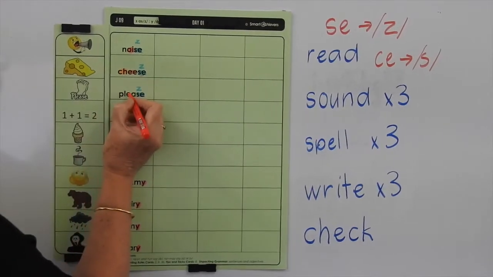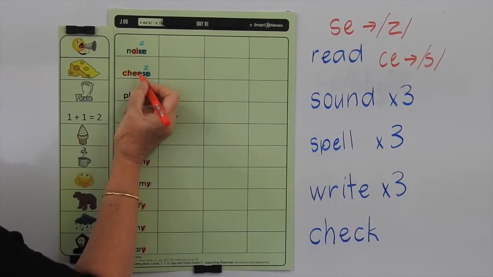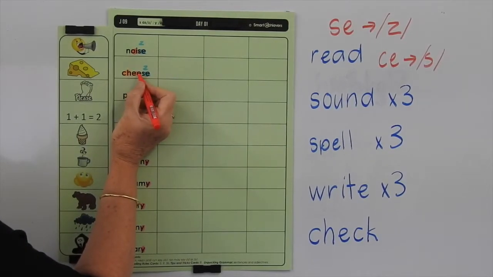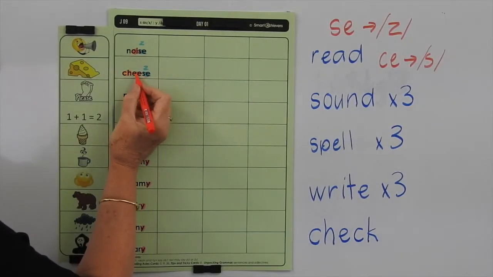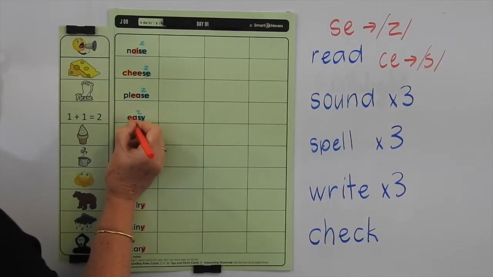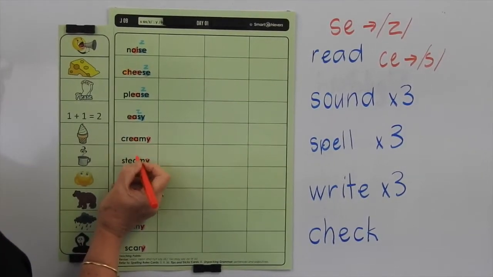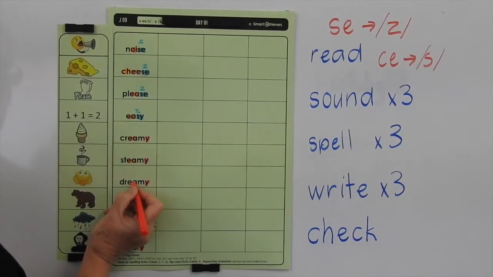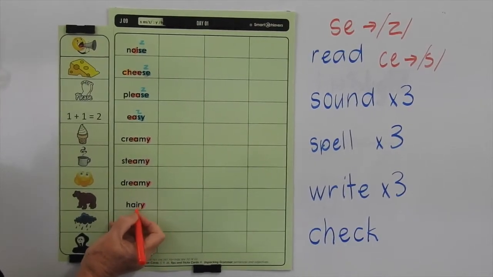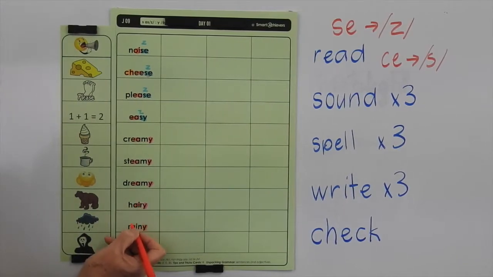Here we've got the EA now making the long E sound. So what you have to do in your head is be very careful and keep the double E words in one part altogether and the EA words in another part. Here we've got another EA word, easy. We've got the EA here, the long E sound, steamy, dreamy. Now, in this one we're using air, the AIR for the air sound.